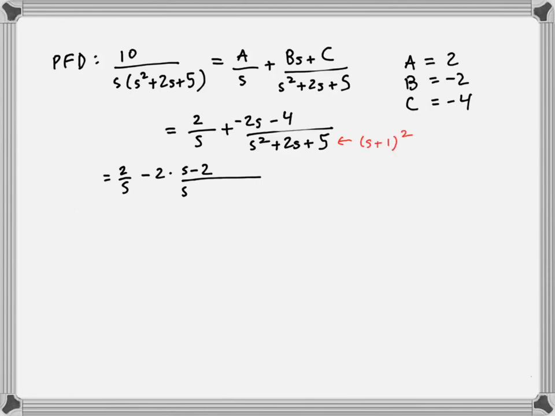This is s plus 1 squared, and that gives me that middle term. But then I have a plus 1, and that's plus 4. That works out. So I can actually write this as s plus 1 squared plus 2 squared.